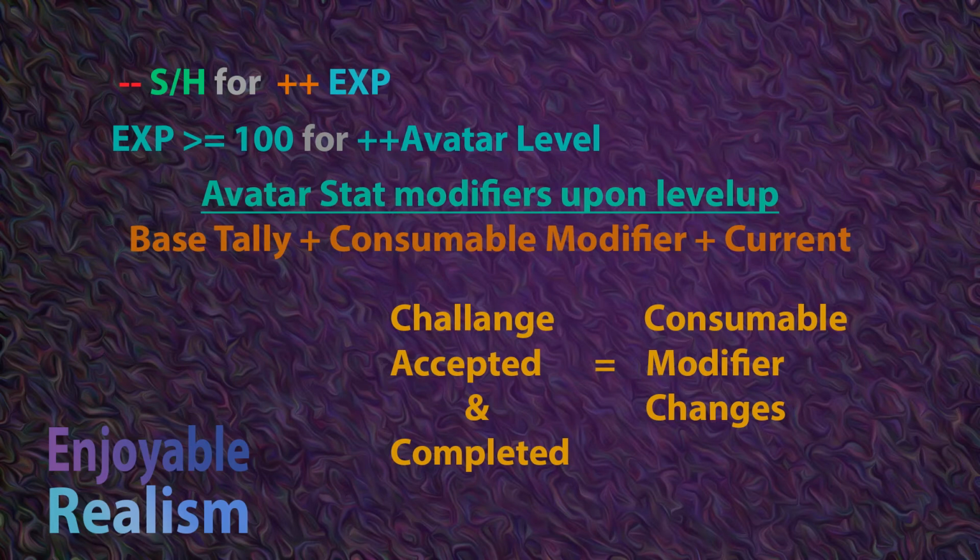The tally of strength, intellect, and dexterity modifiers combine based on the value of the tally with modifiers from consumables. Each consumable has the potential to apply modifiers to the tally of either strength, intellect, or dexterity.